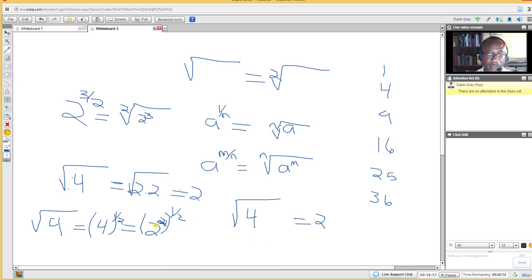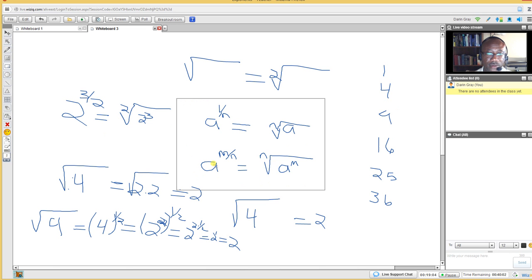We know from our previous exercise that raising a power to a power is the same as multiplying. So we end up with 2 to the second power times the 1/2 power, and that's just 2 to the 1, which we know is equal to 2. So this is just something that you're going to have to know, and you're going to have to be able to use that knowledge.